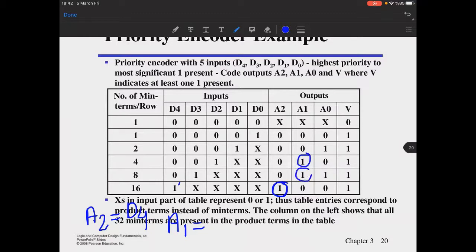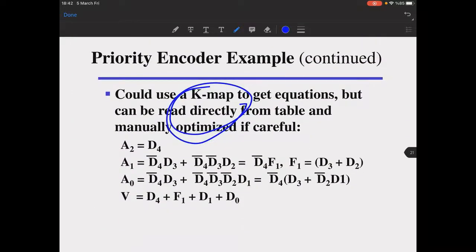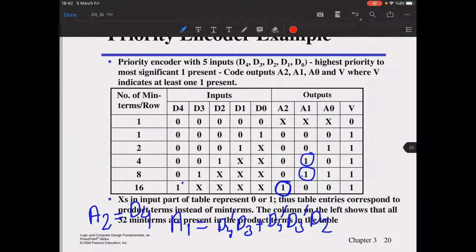In 2 conditions here, you see, the first one is, let's take a look at this one, D4 not D3 plus D4 not D3 not D2, and that's it. That's what we see here as well. See this one and this one. And what about A0 here? Let's do this together as well.